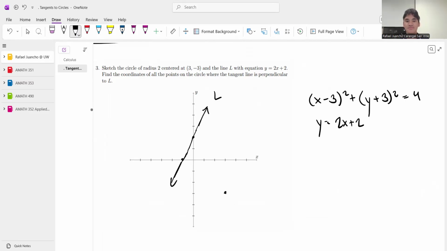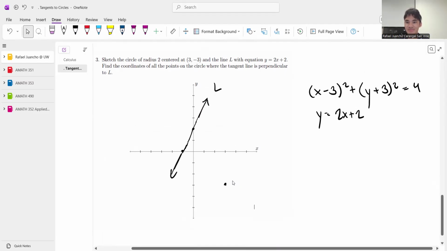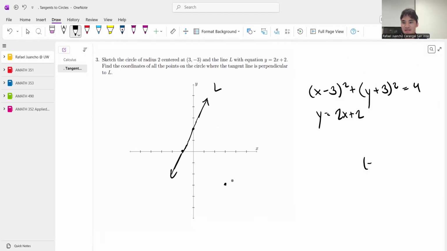So that's the center. Now I need to find 4 points. So we know this is 3, negative 3. That's the center, right? If we go up 2, that would be 3, negative 3 plus 2, which is negative 1.